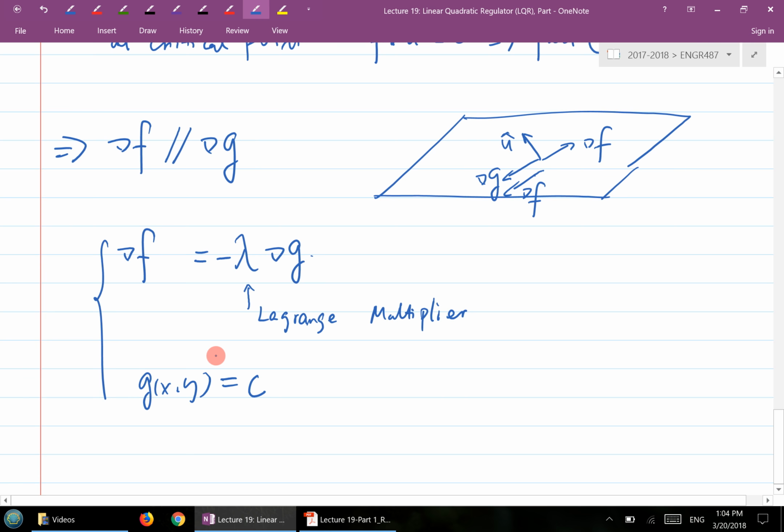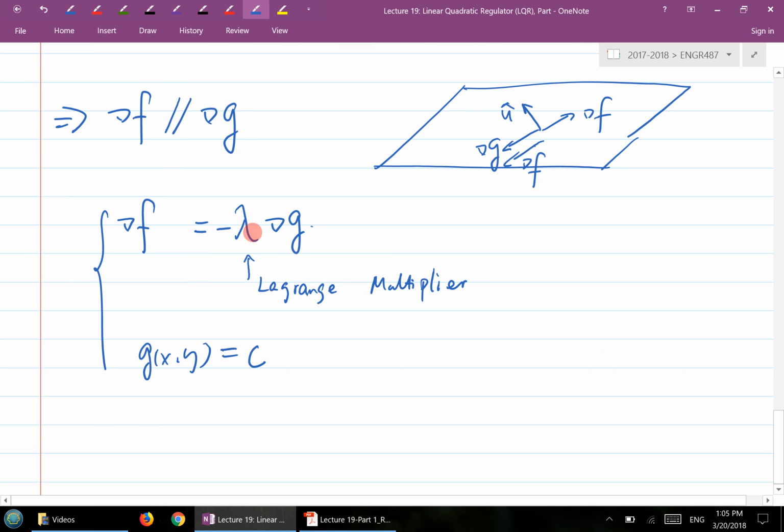You'll be able to solve for the critical point based on the 3 equations. Essentially you'll be able to solve for x, y, and lambda: 3 equations and 3 variables. Yeah, f is like this, but you can have any other type of f, right? Does that make sense?